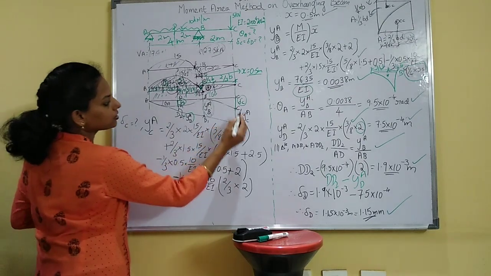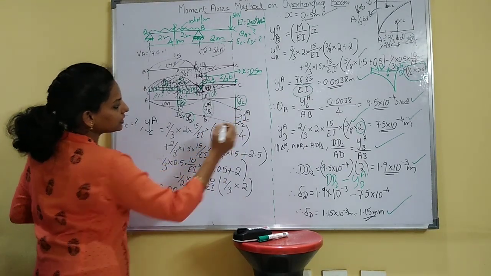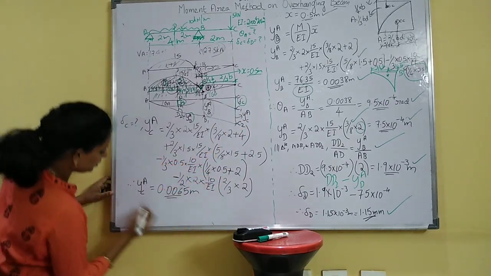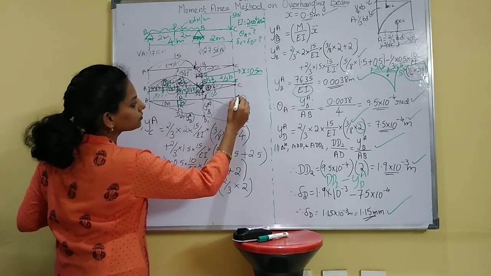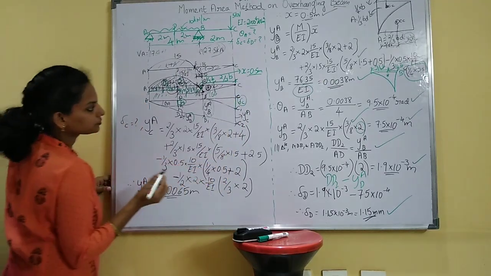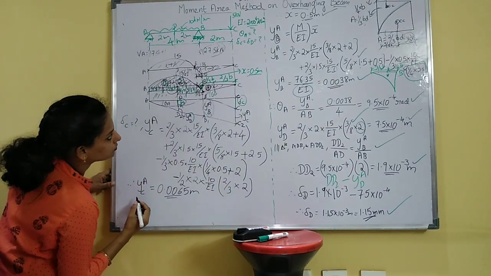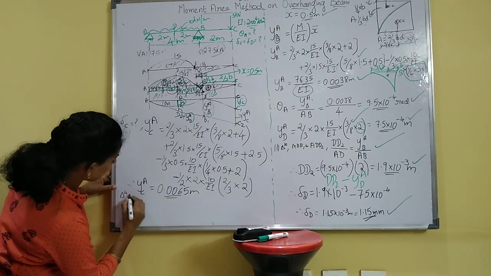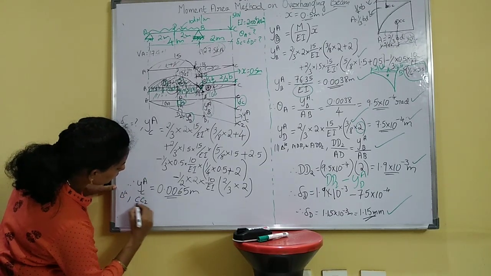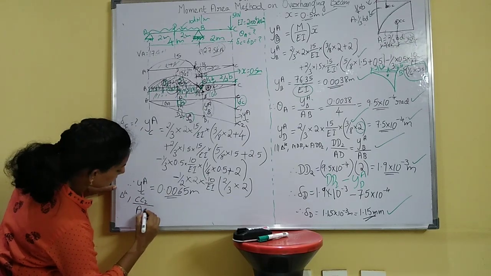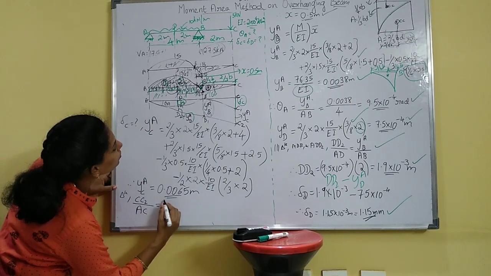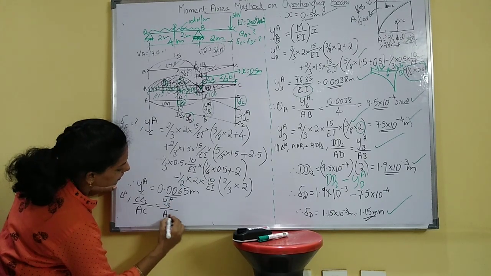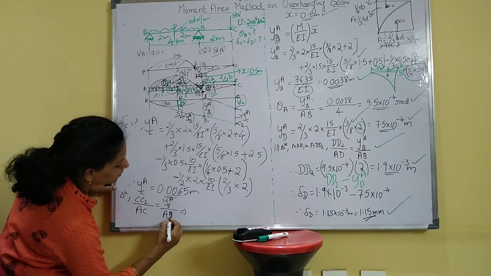Okay, next we have to calculate delta C. First find out CC2. YCA is done. Now find out CC2 from similar triangle. So from similar triangle you have CC2 divided by AC, which is equal to YBA divided by AB, similarly from previous step.